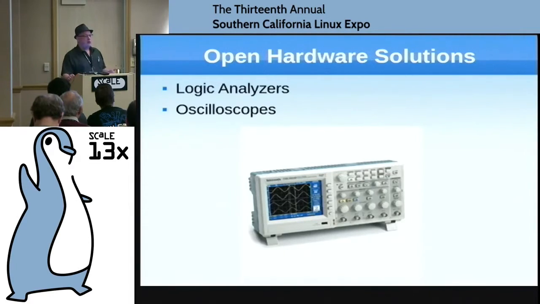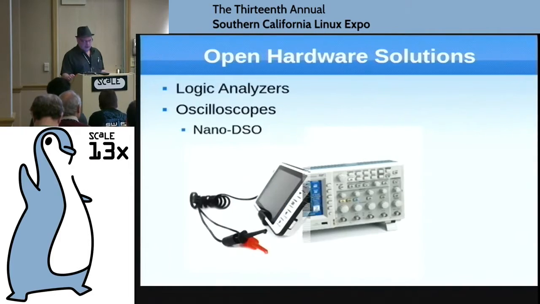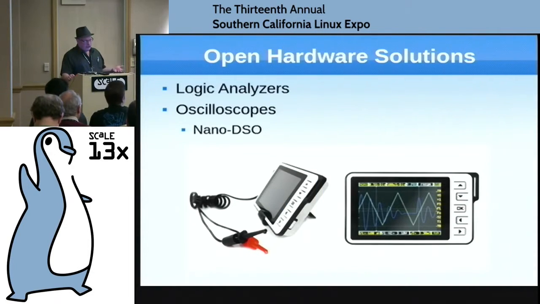But again, the maker and hacker community has stepped up and created solutions for this. There are such things as the Nano DSO, which actually runs Linux on several versions of it. Others are a lower ARM Cortex device that runs a specific firmware, but all of it is open source so that you can work with it.